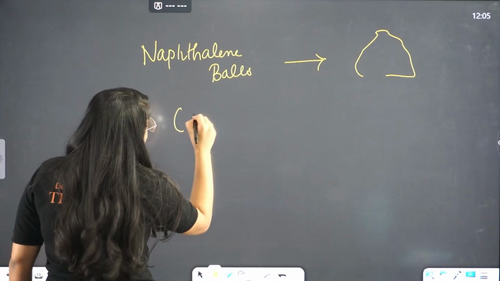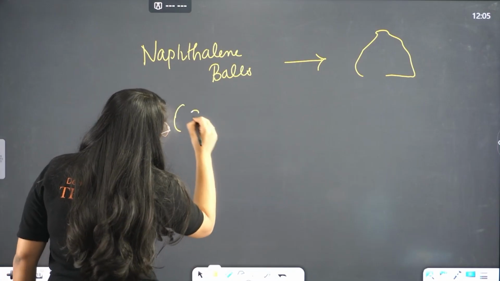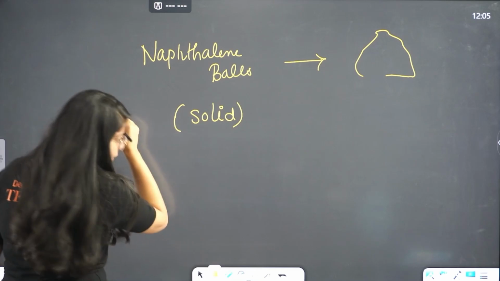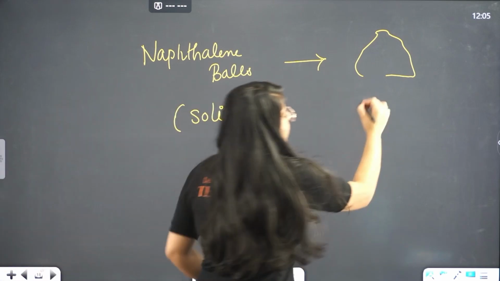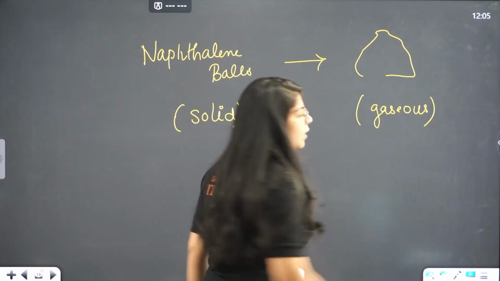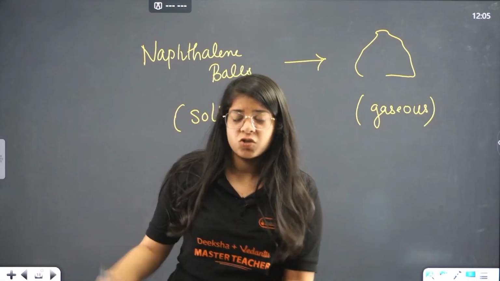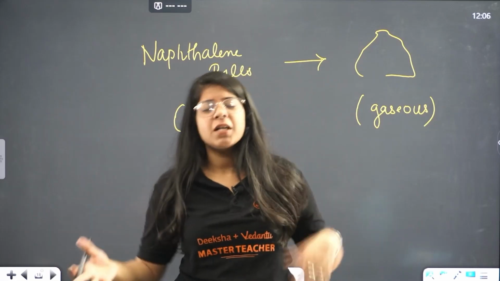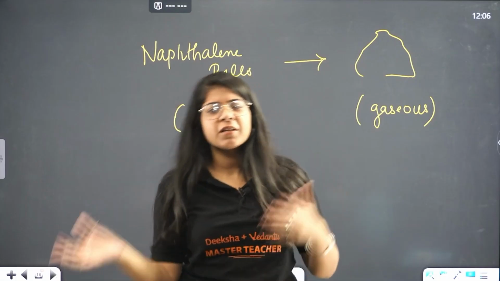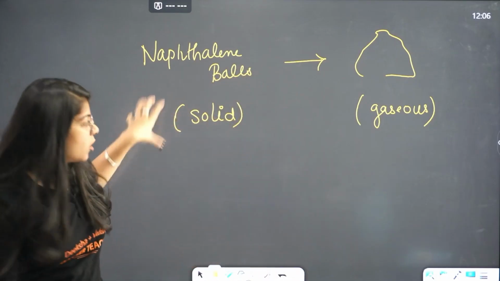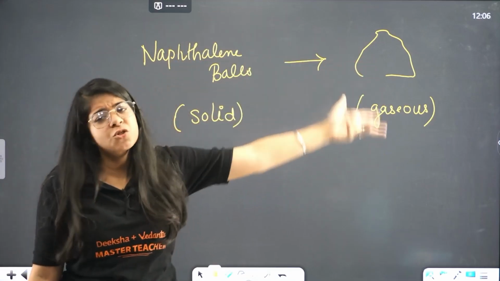Here the naphthalene balls were in solid state, and here they are gaseous because they evaporated in the air, so they eventually turned into gas. It's not like they just disappeared, because energy or mass cannot be created or destroyed. It can be turned from one state to another. So it turned from solid state to gaseous state, but we just don't see the gas.